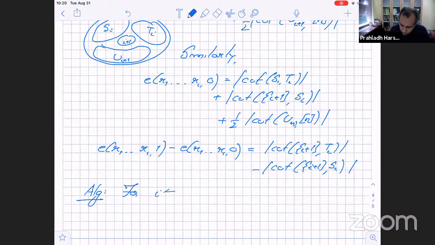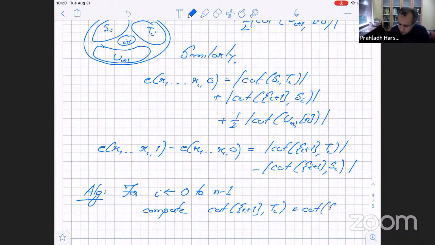For I going from 0 to n minus 1, compute cut I plus 1 Ti and cut I plus 1 Si.